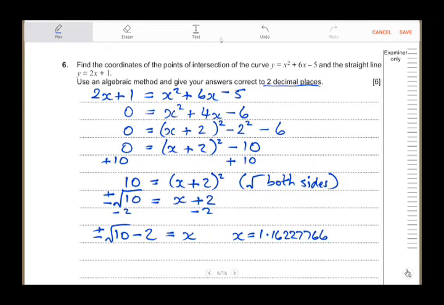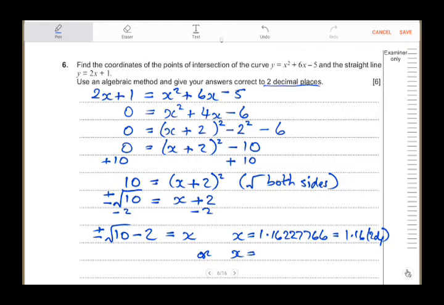1.16227766. And we've got to round this correct to 2 decimal places, so that is 1.16 to 2 dp. Or x equals, so now I'm going to do minus root 10 minus 2.